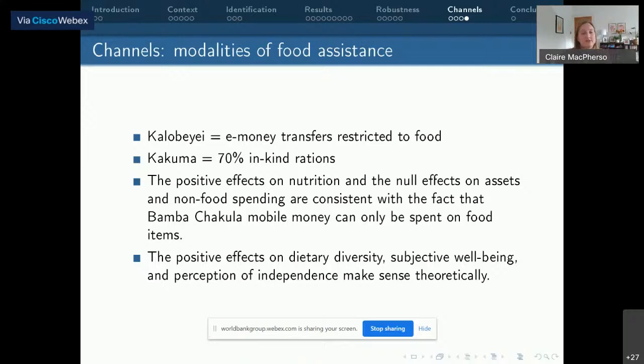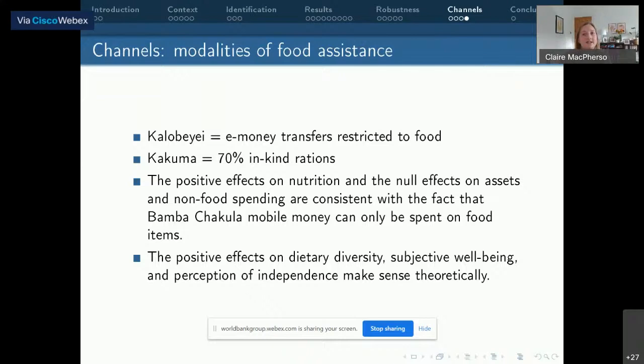But the fact that we find positive effects on nutrition but null effects on assets and non-food spending is consistent with the fact that Bamba Shakula transfers can only be spent on food items. The positive effects we do find on dietary diversity, subjective well-being, and perception of independence also make sense theoretically.